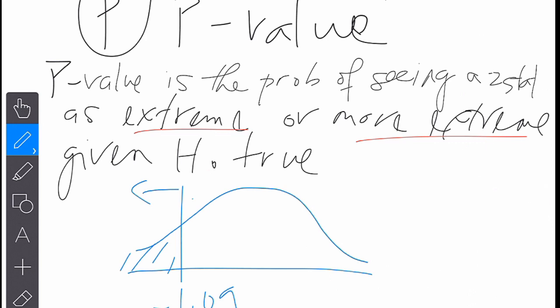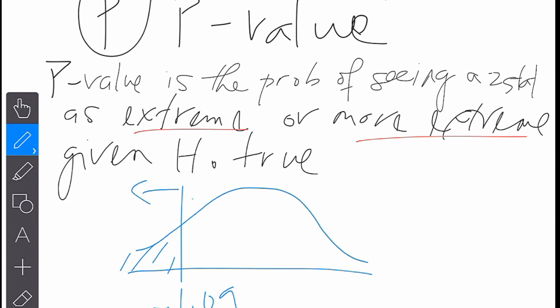I have to get the value of negative 1.09. Be careful with this. It's the last column, right? Of negative 1.0.